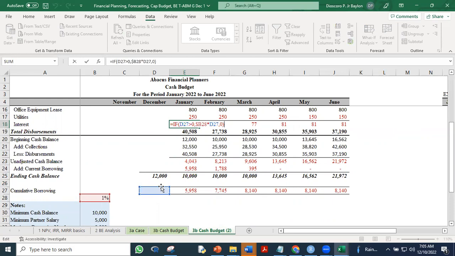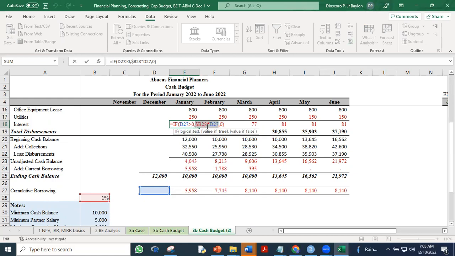So this is 0. So we're creating this formula so that we can compute the interest based on how much was borrowed. Here, if this is the logical test, if the previous month cumulative borrowing is greater than 0, then we're going to multiply 1% times whatever that amount is. That will be the interest.